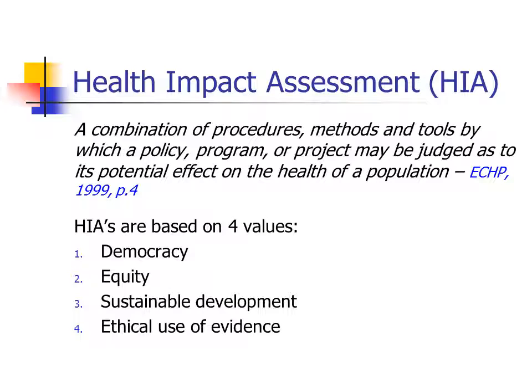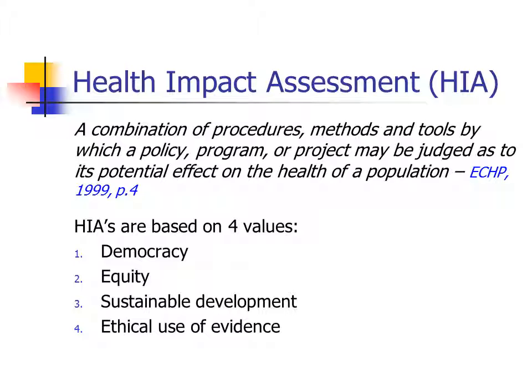And so you would do this health impact assessment in a particular community or in a particular neighborhood within a community. And HIAs are based on these 4 values. One is democracy, so the involvement of all people; equity, so we keep in mind that we want to create a more equitable environment, an equitable society, and certainly from our perspective, we're concerned with health equity.